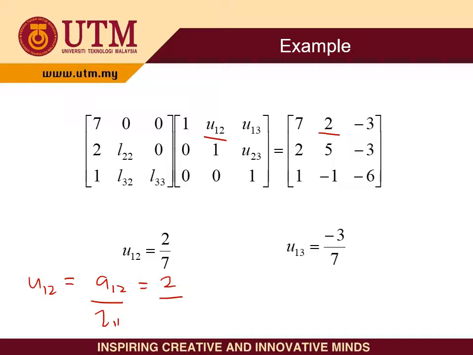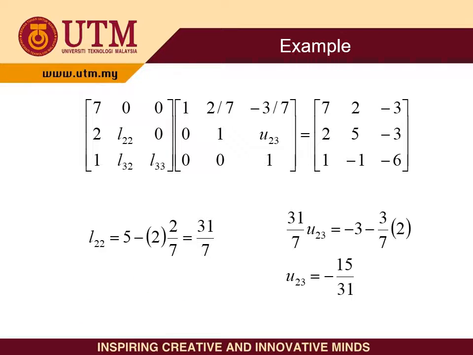L11 here is 7. So that's where you get this answer. Do the same for U13. Go back to the matrix factorization equation and find the equation like this, and then you can get your answer for U13. Now they want to find L22.